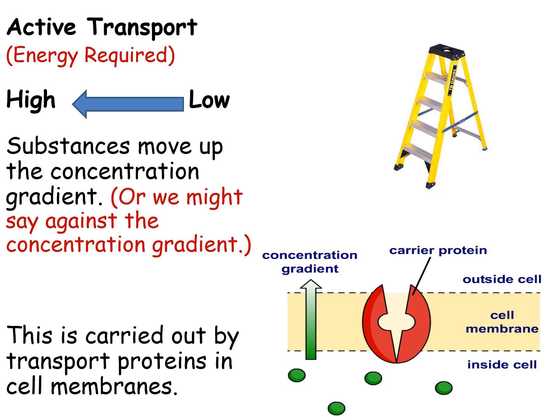So the substances move from a low to a high concentration. You're walking up the step ladders. Now, for that to happen, carrier proteins are needed. So the proteins transport the substances across the cell membrane, and that's why the energy is needed.